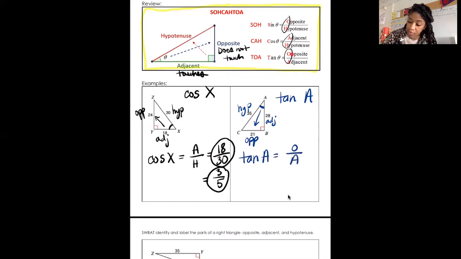That formula comes from right here. Tan of A equals 21 over 28. Can that be simplified? I believe so. They're both divisible by 7. So the answer in simplest form is 3 over 4.